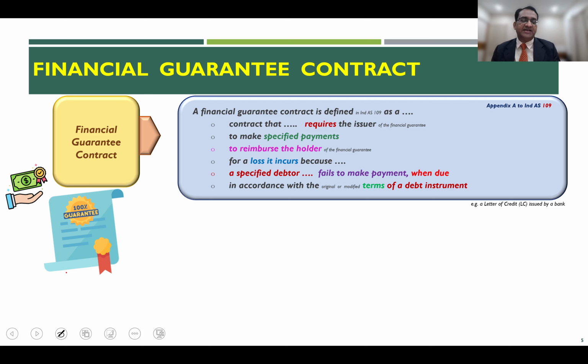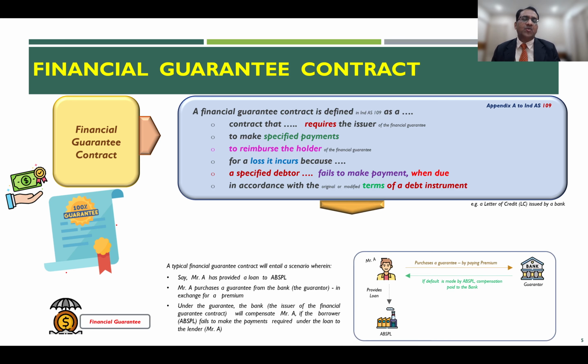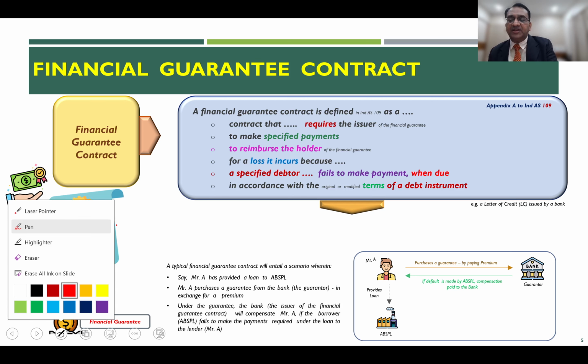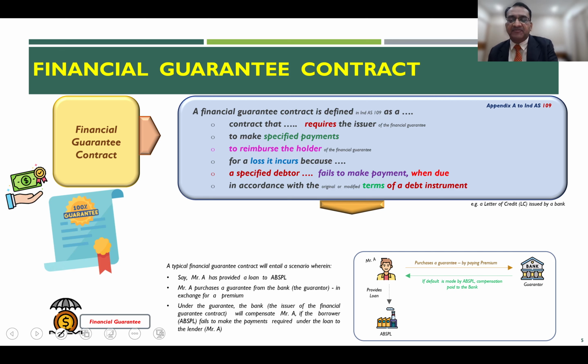Let's say by way of a simple chart or a diagram, let us see what essentially a financial guarantee contract entails. At the bottom, I've tried to summarize what a typical financial guarantee contract will entail. So assume a scenario wherein Mr. A has provided a loan, let us say to this entity ABSPL.